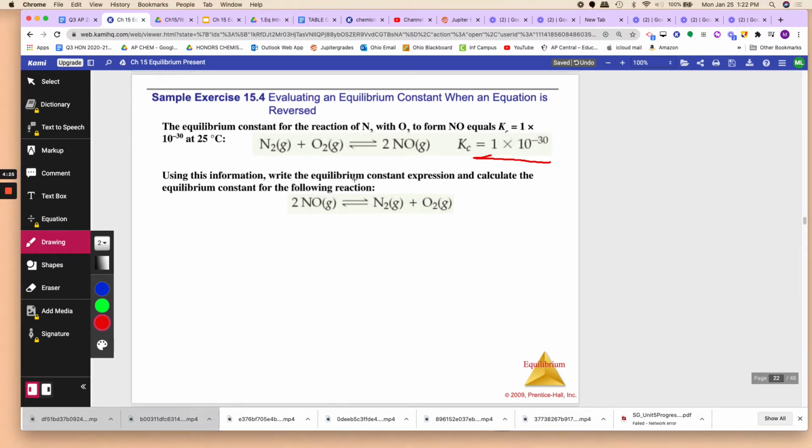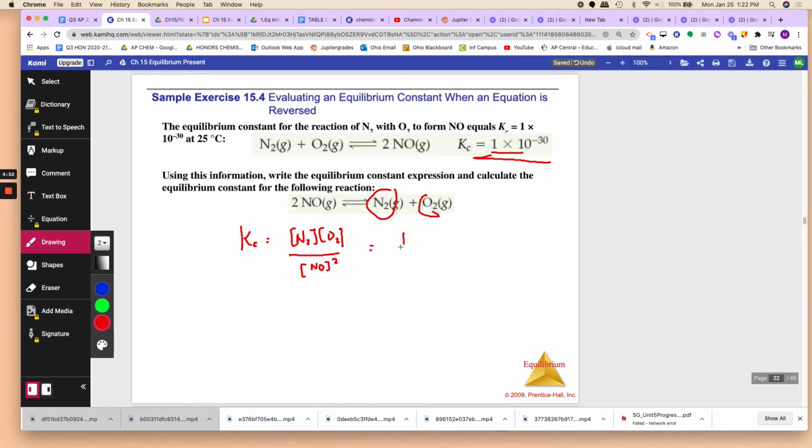So if you compare those, it looks like it got reversed. So the new Kc is equal to products, so N2 times O2 divided by NO squared.